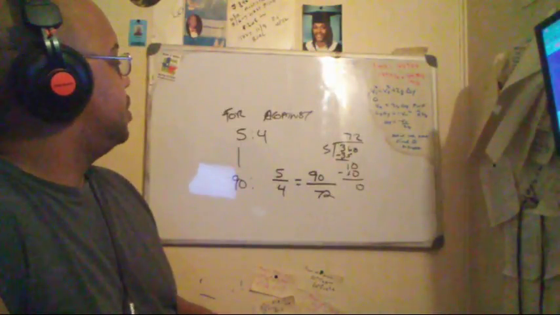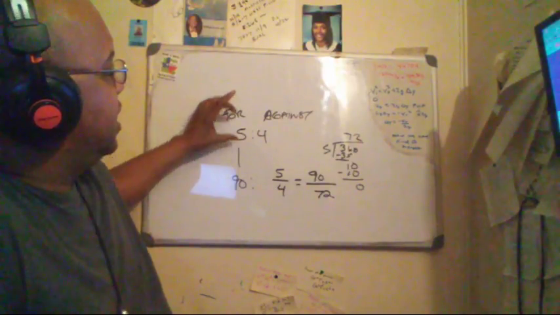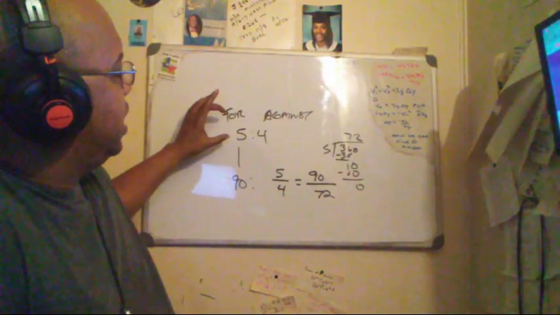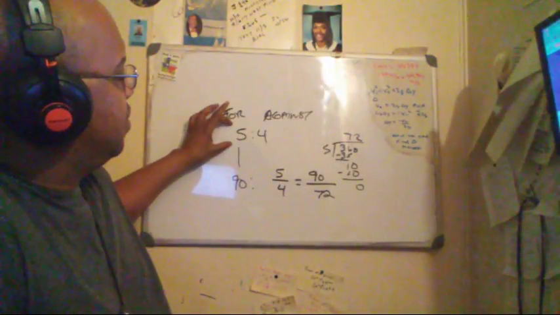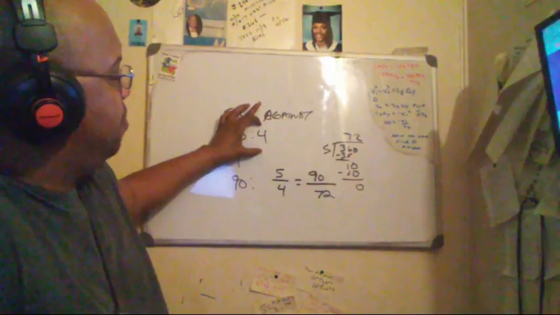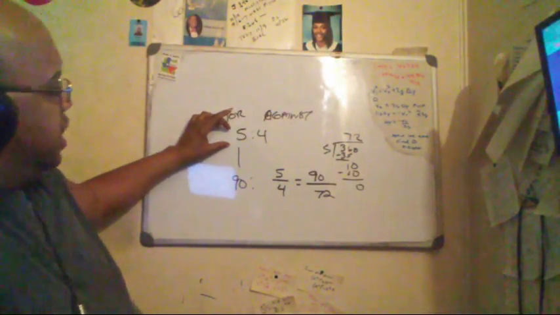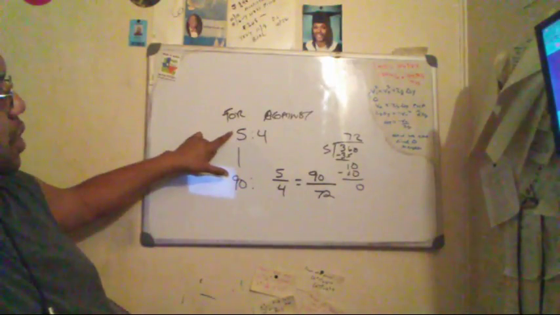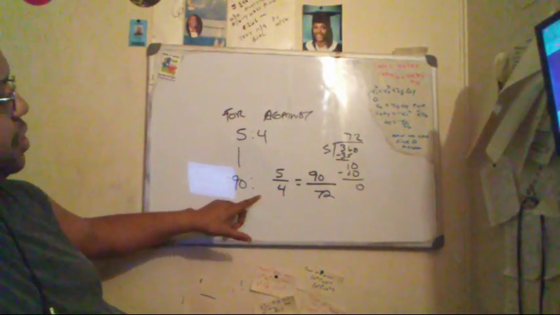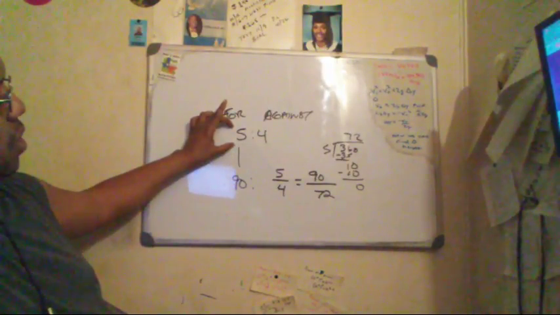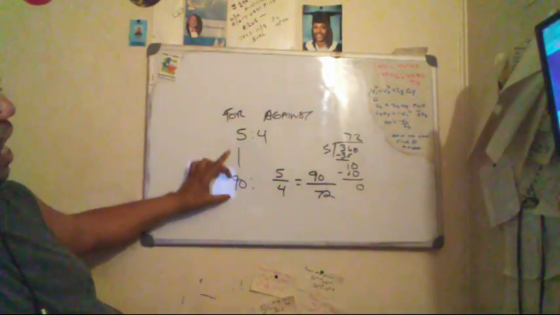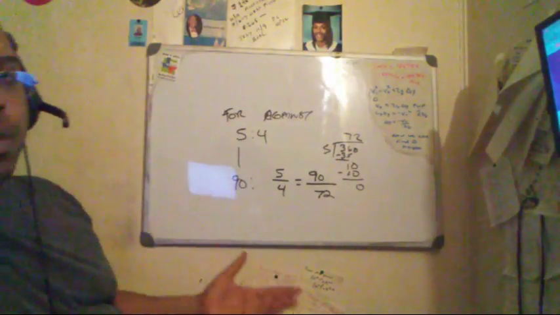So, to recap, first thing we need to look at is the ratio in the resolution, 5 to 4. If 90 people voted for, how many against? Another thing we could have done is multiply 90 by 0.8. There's more than one way to skin a cat.